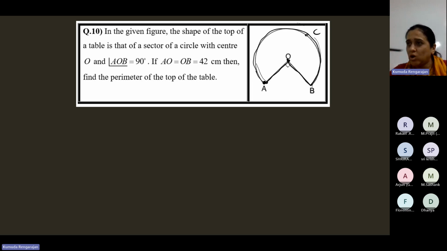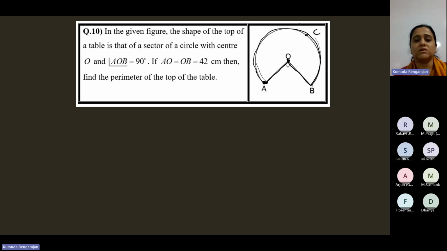These lengths, you walked along some path, right? You walked along the boundary. So you walked along one arc and two line segments. Add all this. That is the perimeter. So it is OA plus the length of the arc ACB plus BO.